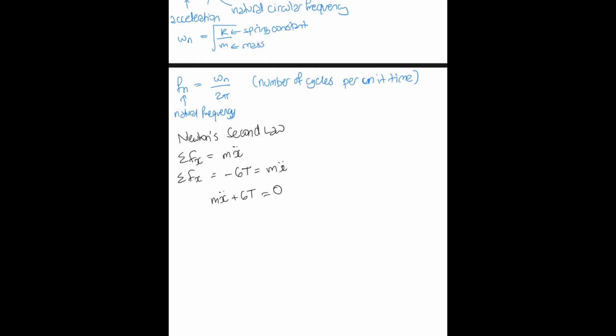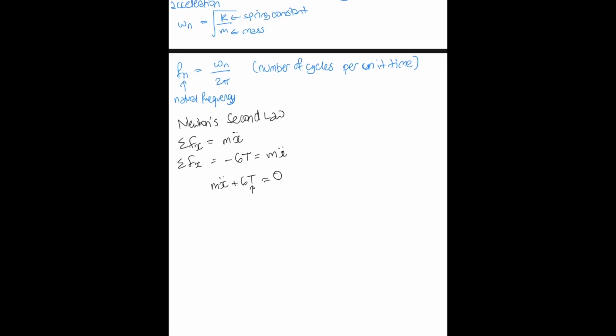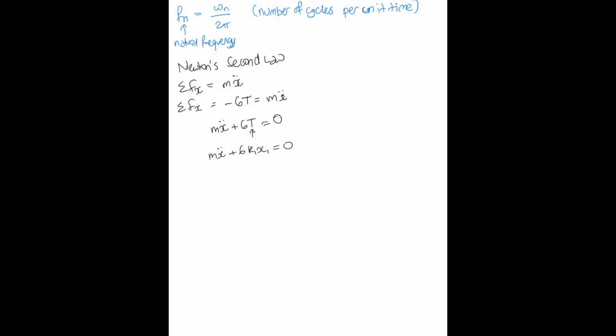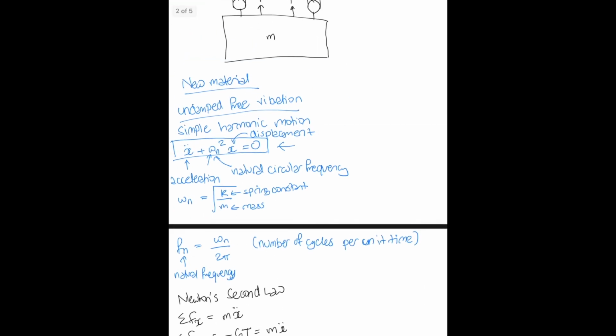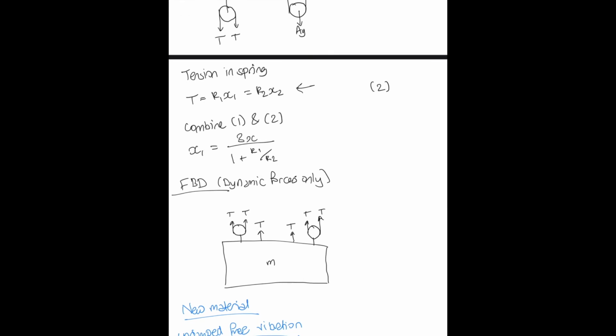We can substitute our T with k1 x1, and then once we've done that, we can substitute our x1 with this equation over here. So we're going to input 3x over 1 plus k1 over k2 into our equation instead.